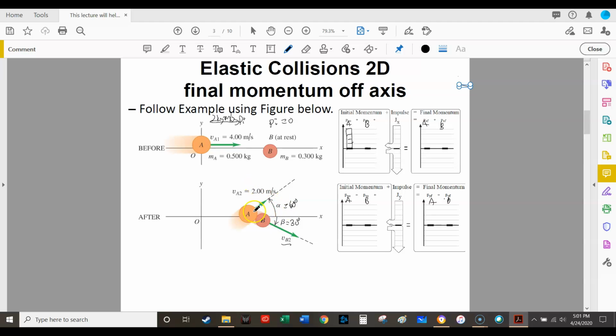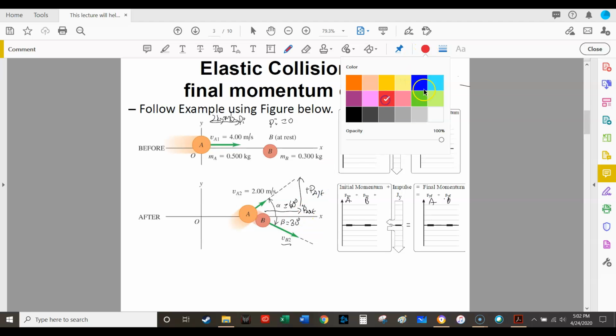Well, this ball A is going to have two momentums. It's going to have an x direction momentum, okay, and that's the momentum in the x direction after the impact. So there's a lot of subscripting in here. There's ball A's momentum in the x direction final, and it's going to also have momentum in the y direction final.